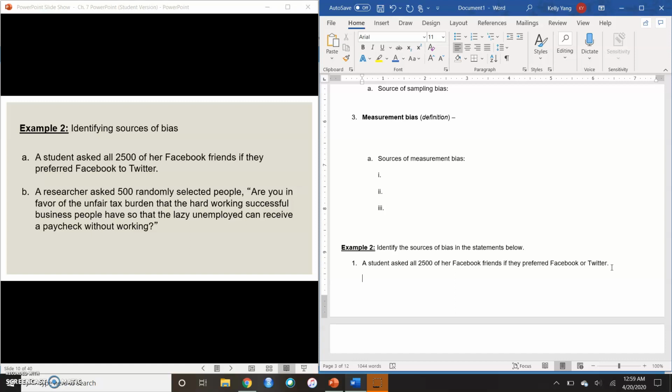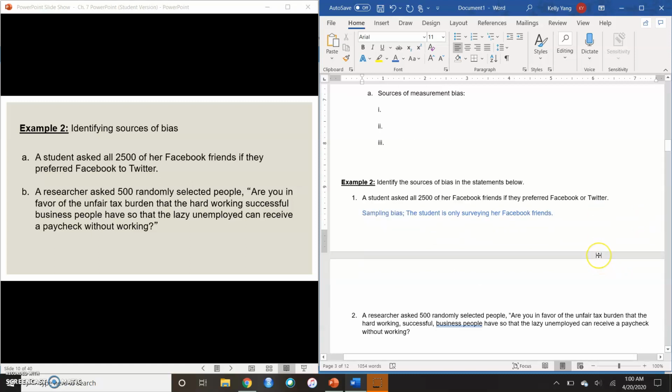Okay, so for this example, I hope you answered that there is sampling bias. The reason is that the student is only surveying her Facebook friends, so she's not even reaching out to her Twitter friends, and so there's going to be some sampling bias here.